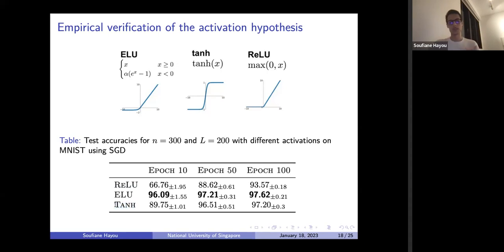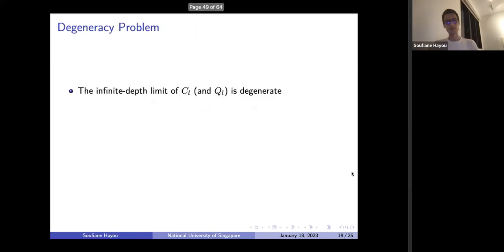According to this hypothesis, it should theoretically perform better than ReLU. But I cannot explain why, for example, ELU is better than hyperbolic tangent. This theory doesn't explain that. It could be something linked to the vanishing gradients problem with hyperbolic tangent, but that's just a conjecture.